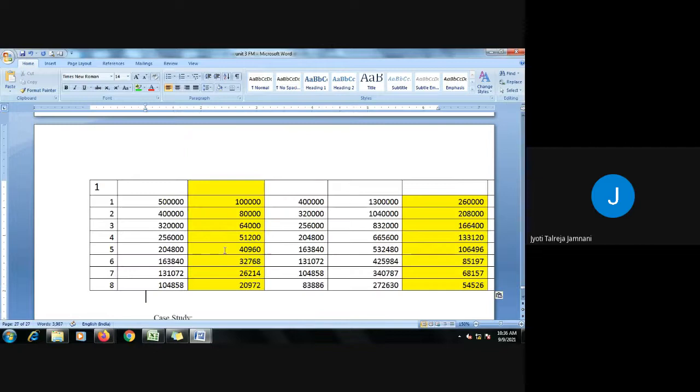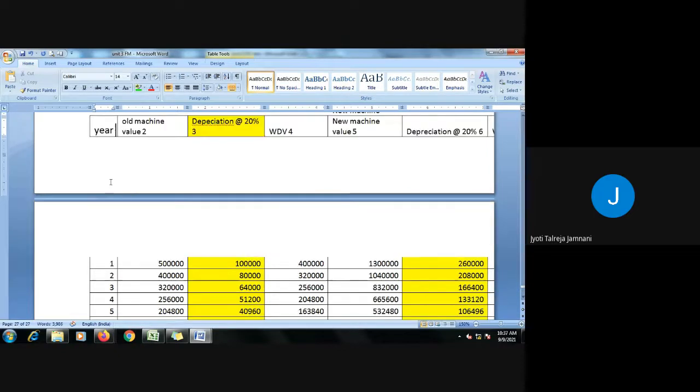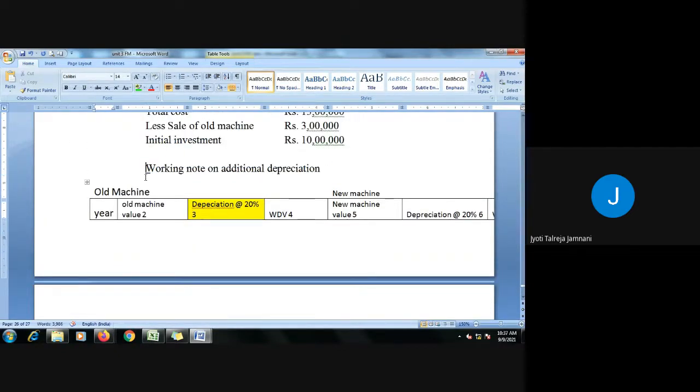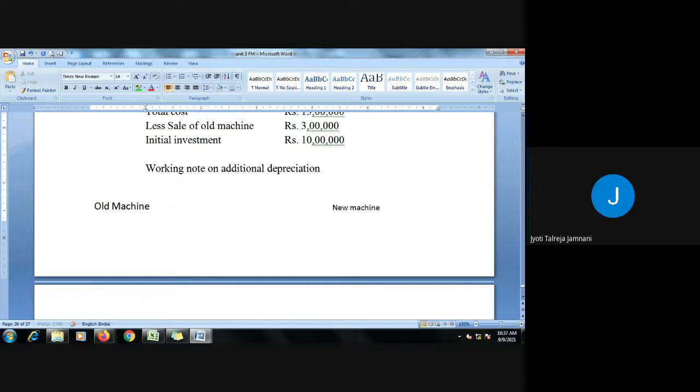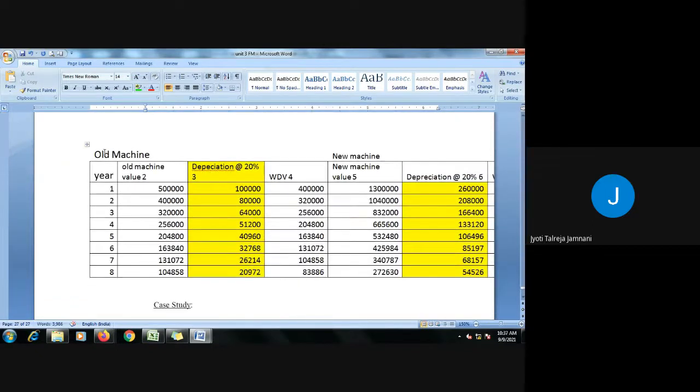Just a minute. Now I have to do one more small working note and then we can start with the final calculations.